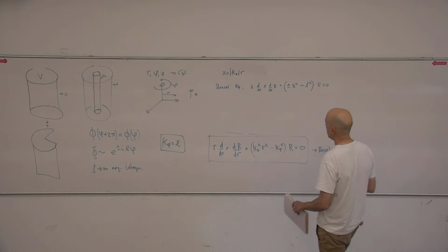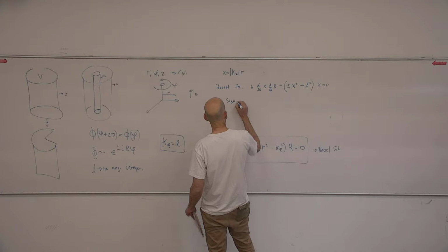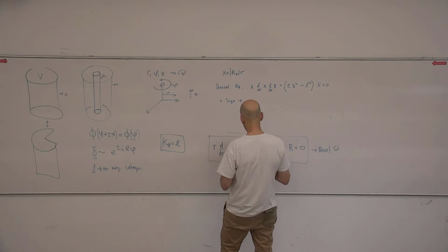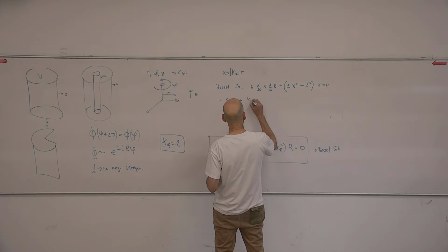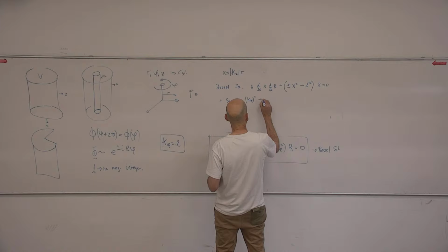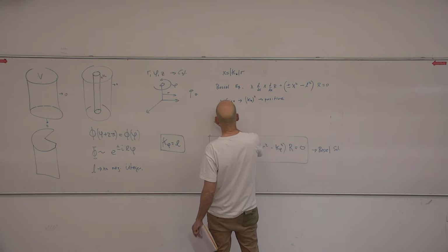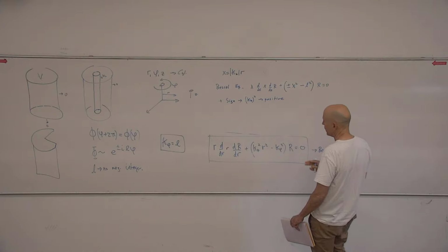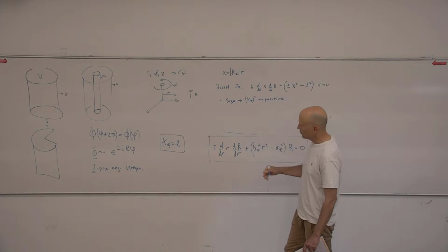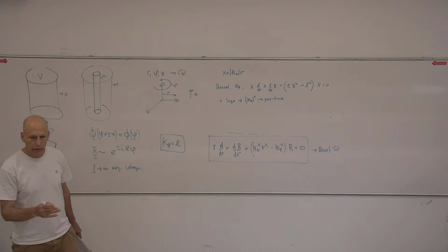So the plus sign just means kz squared positive, and vice versa. If the minus sign, kz squared is negative, and that means, if you think about it a little bit, that your solutions are either trigonometric or hypertrigonometric.